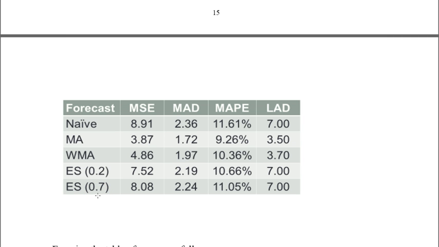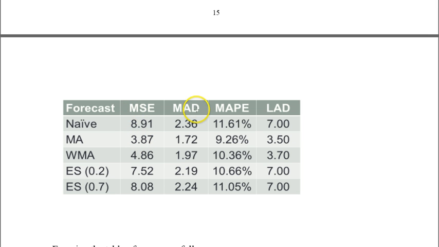So which one is better? Let's see. Using the MSE as a forecast error criterion, which one is closer to 0? Which forecast error is best? It seems like moving average. This is the lowest forecast error using this criterion.